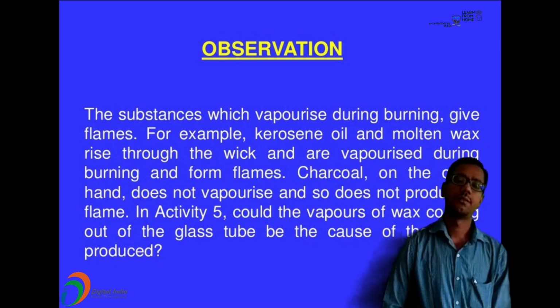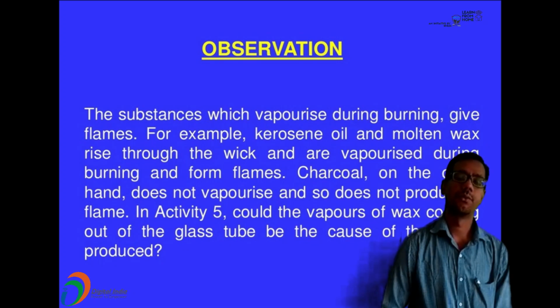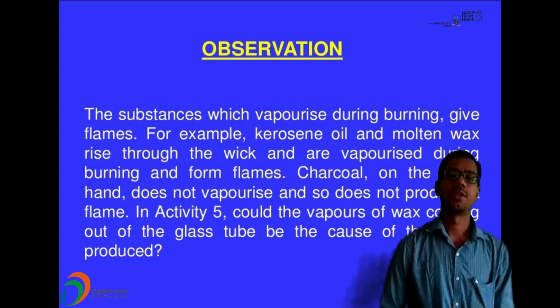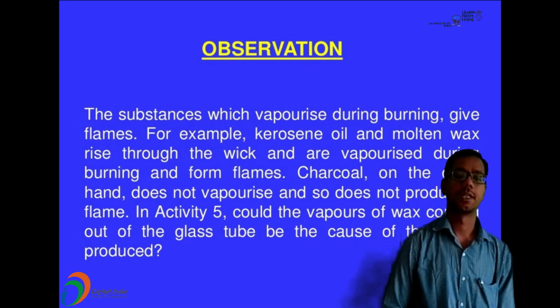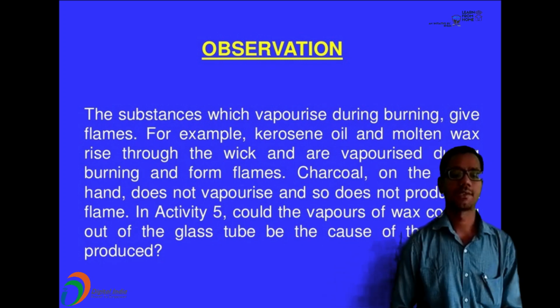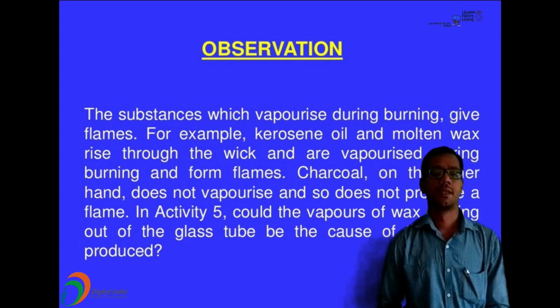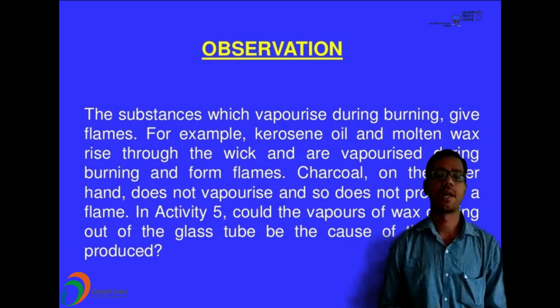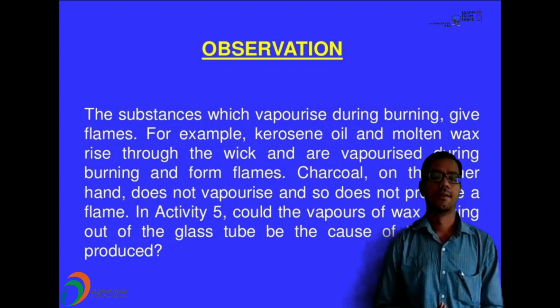So what are the different substances that can form vapors and burn with a flame? Examples are kerosene oil and molten wax. Molten wax rises through the wick and is vaporized during burning and forms flames. What happens with charcoal?